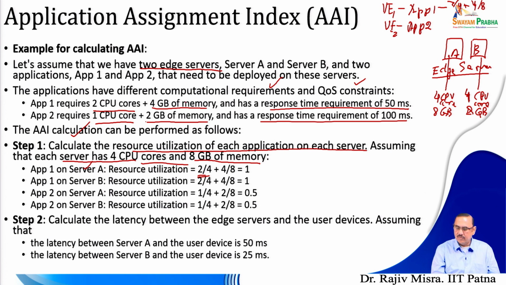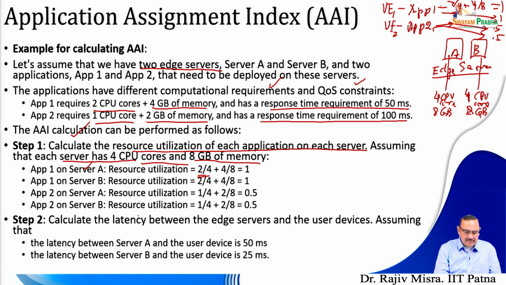So, 2 and 4 are the requirement of application 1 and that becomes 1, whereas application 1 on server B requires 2 by 4 plus 4 by 8, again the same thing, that is equal to 1. Application 2 on server A requires 1 by 4 plus 2 by 8, that becomes 0.5. Whereas application 2 on server B again requires 0.5.